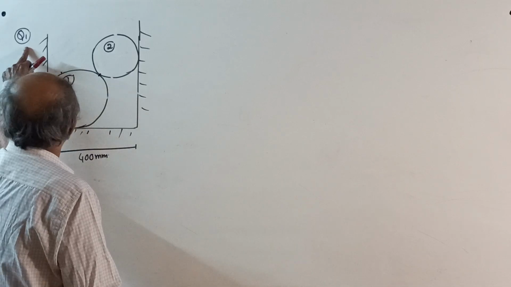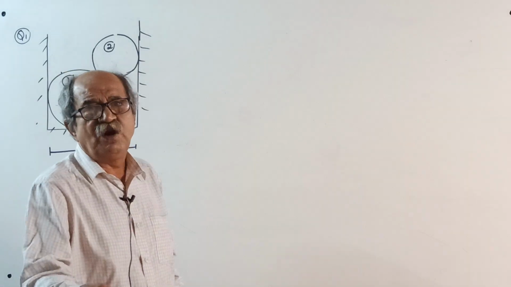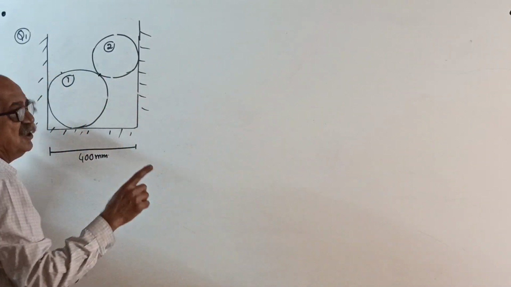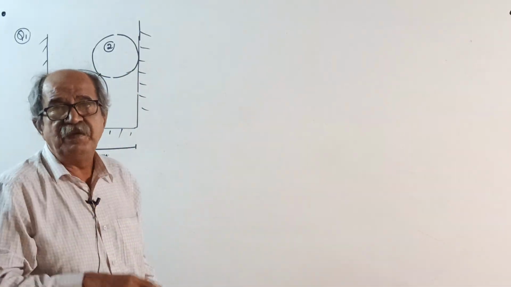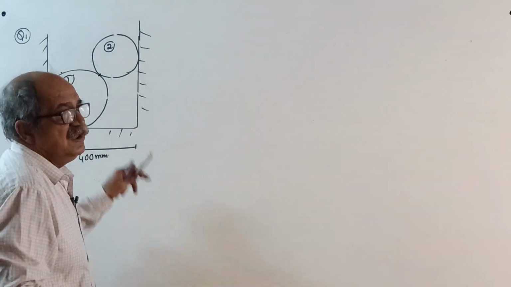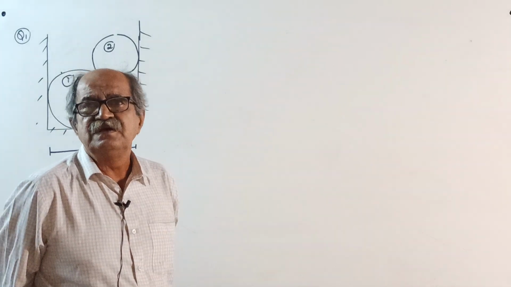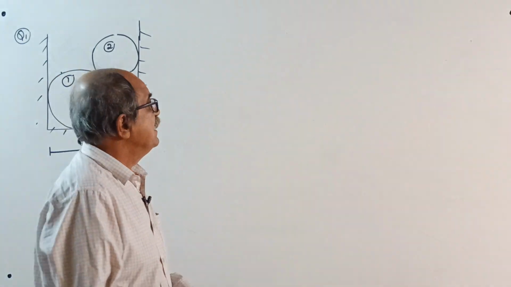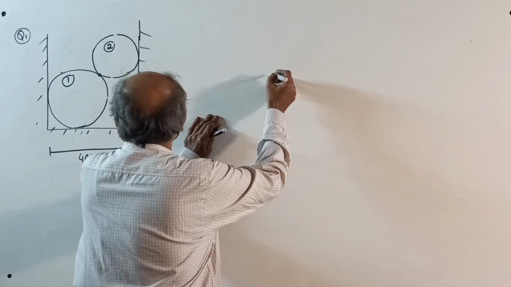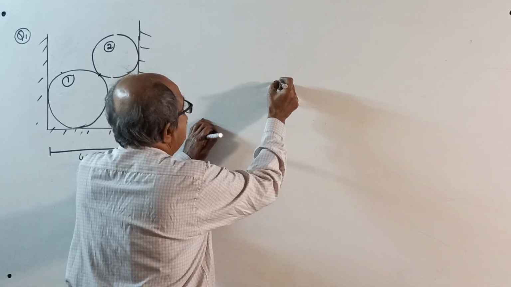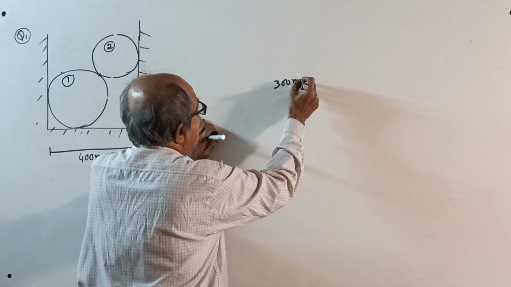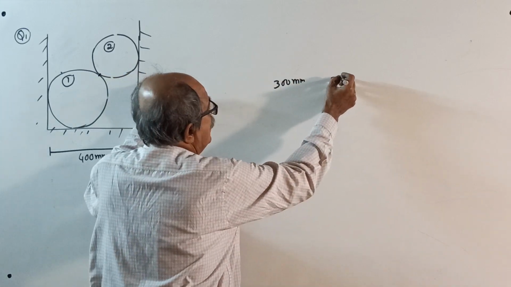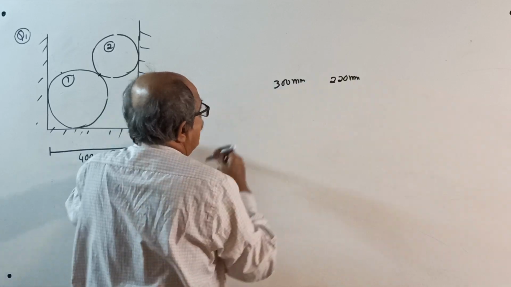See, question 1. Today's class question 1. I forgot the last time question. I'll give the question in words, so be careful. Sketch is also given. See, 2 cylinders of diameters 300 mm at the bottom and 220 mm on the upper side.